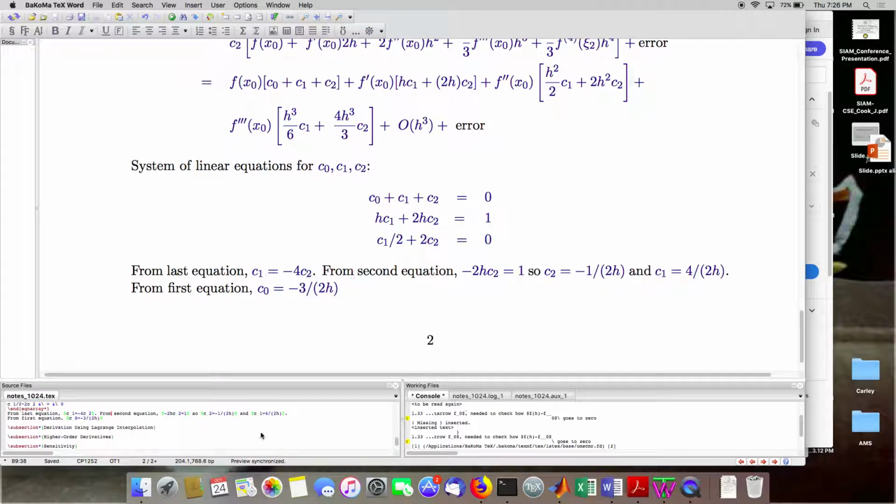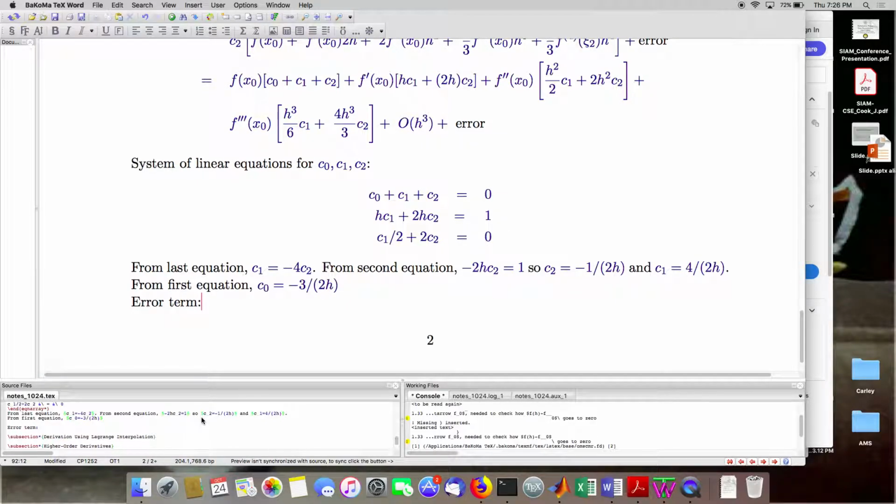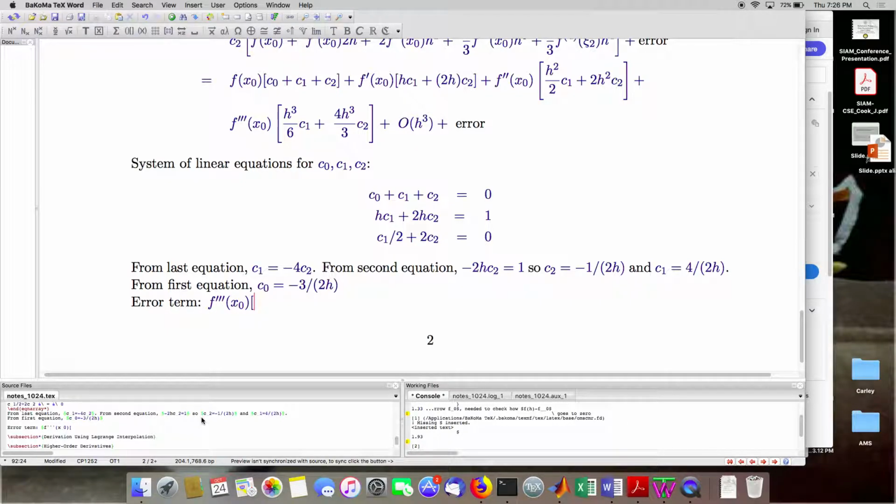Okay, so the error term is going to be f triple prime x naught times, so C1 simplifies to 2 over h.